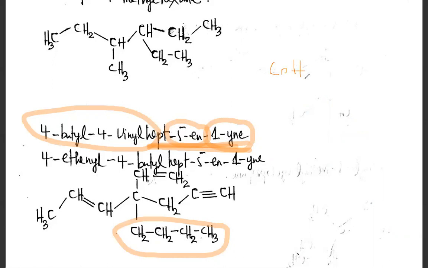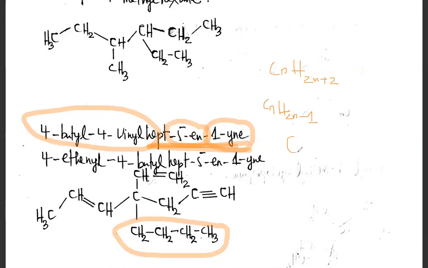So these are the general formulas. CnH2n+2, CnH2n, and CnH2n-2, this is for the triple liaison.